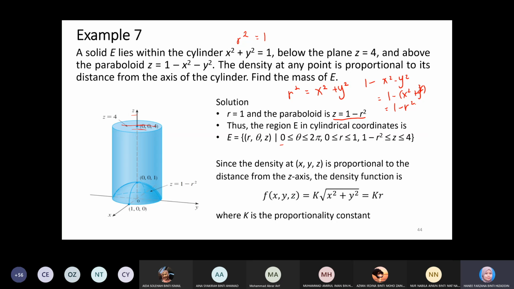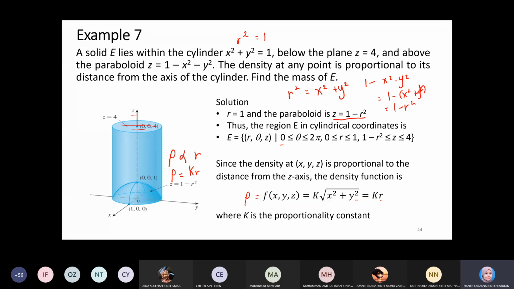Now we need to make use of the density. The density is proportional to the distance from the z-axis, so density is proportional to r, the radius. You can put the density equal to k r, where k is the proportionality constant. You can write this density as a function of x and y, or just as a function of r.